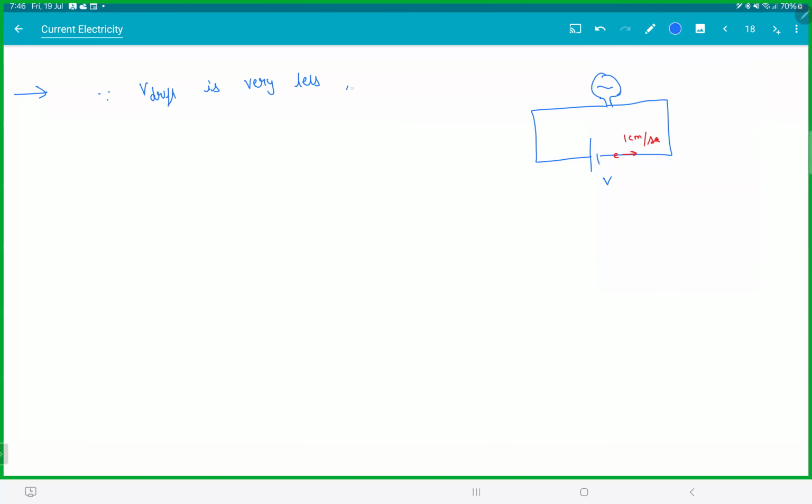If V drift is very less, the electrons will take time to reach the bulb or whatever is the source we are using. Then why does the bulb glow immediately when you switch it on?